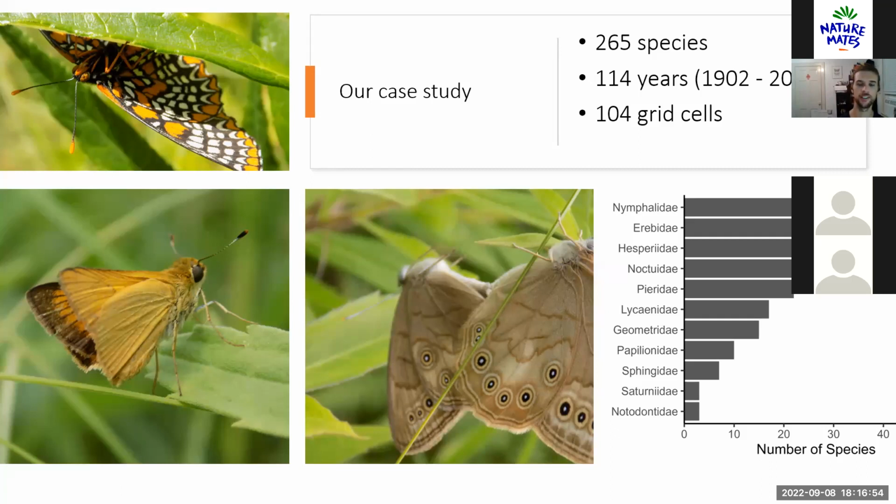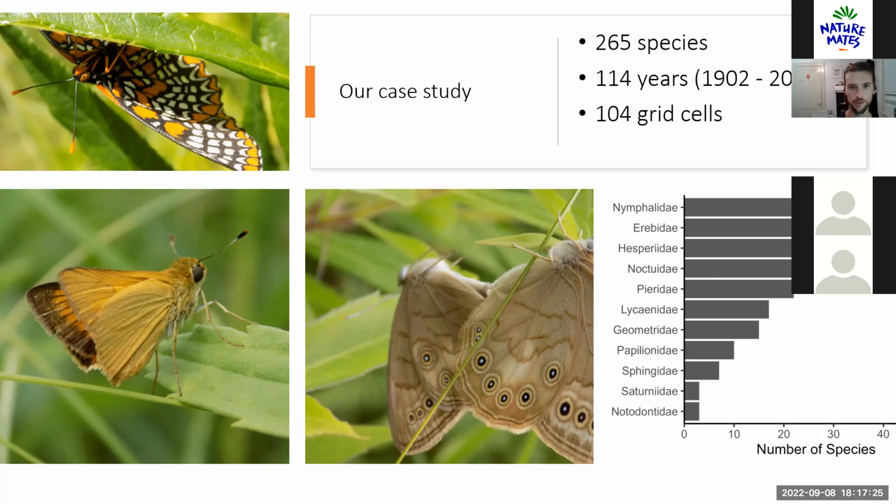Our case study focuses on Lepidoptera, and we had a total of 265 species, of which most were butterflies, but we also had quite a few moths in our data set. Nymphalidae had the greatest number of species in our data set. Nymphalidae being your brush-footed butterflies, such as the checkerspot on the upper left, or satyrs, browns, shown on the bottom right.